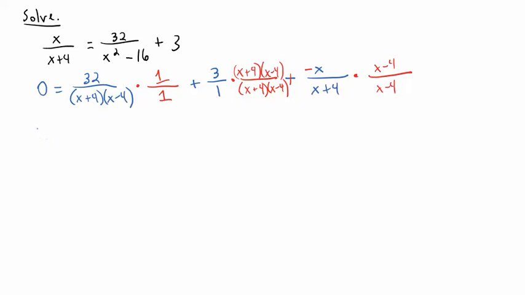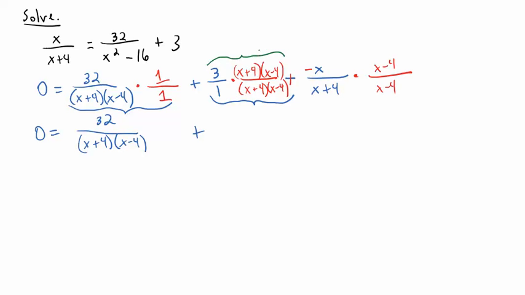And so what I get is 0 equals my first fraction. So I'm going to multiply these straight across to get 32 over x plus 4, x minus 4, plus my second fraction, multiply these. What I'm going to do here is do this one off to the side. So I've got 3 times x plus 4, x minus 4, which is x squared minus 16.